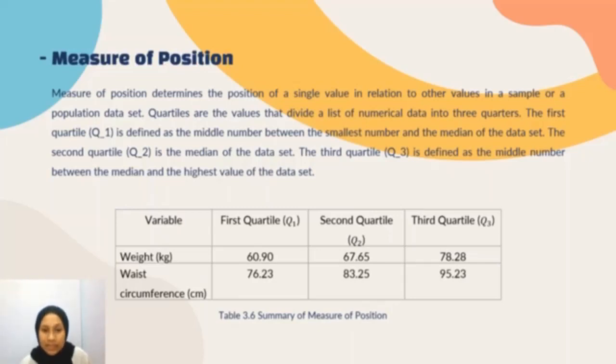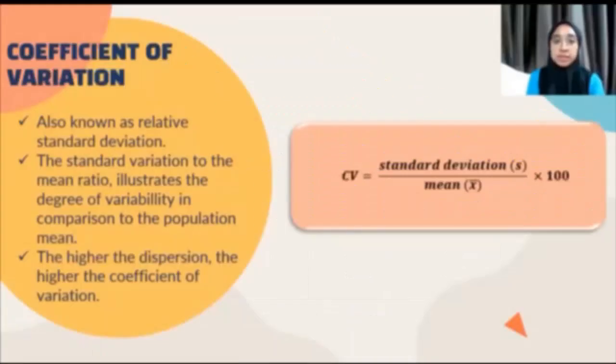Last but not least, 75% of persons have a circumference less than 95.23 centimeters, and 25% of persons more than 95.23 centimeters. Next is coefficient of variation.